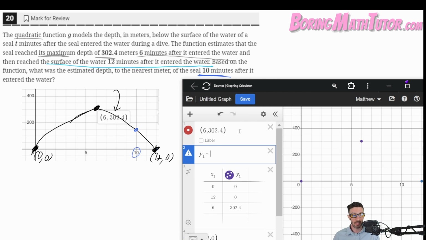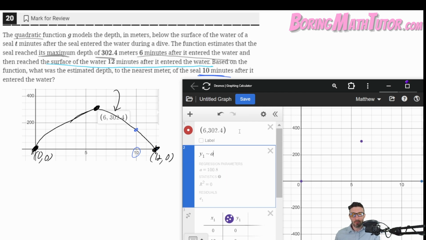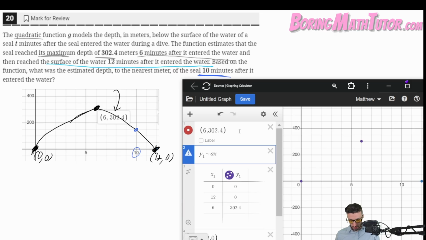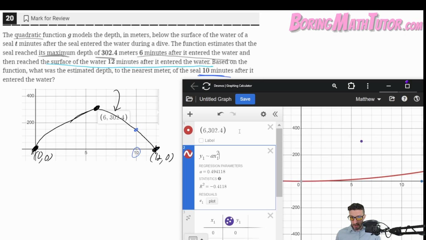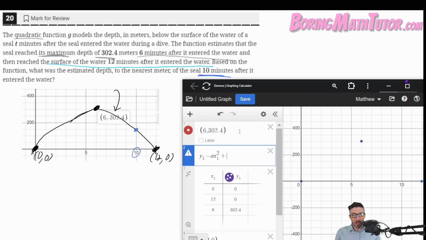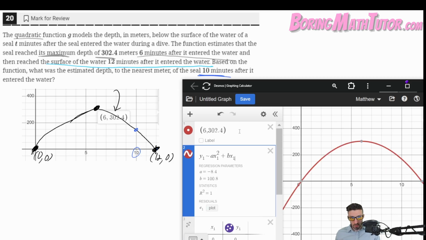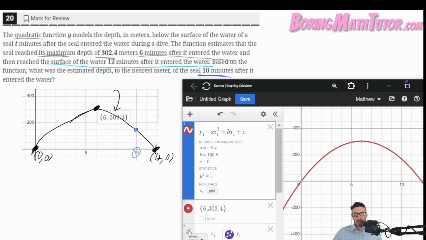Do that instead of an equal sign. But then describe what a quadratic looks like. A quadratic always looks like ax squared plus bx plus c, but we're using x1 instead because that's what we were using in our table over here.